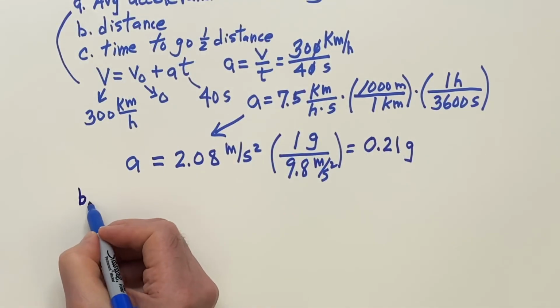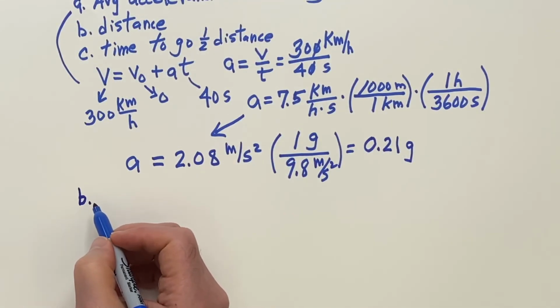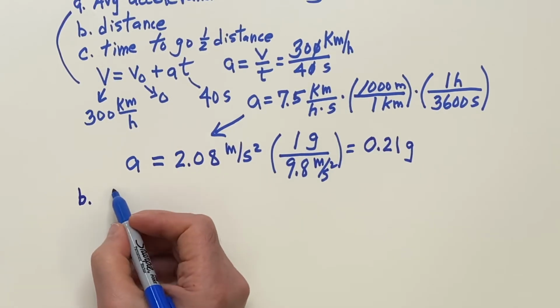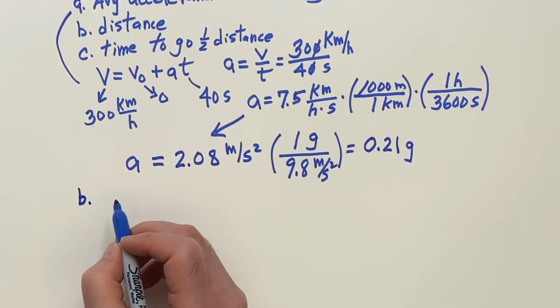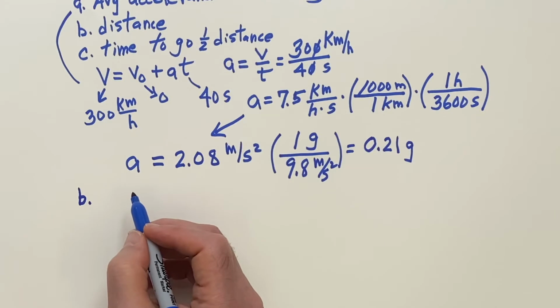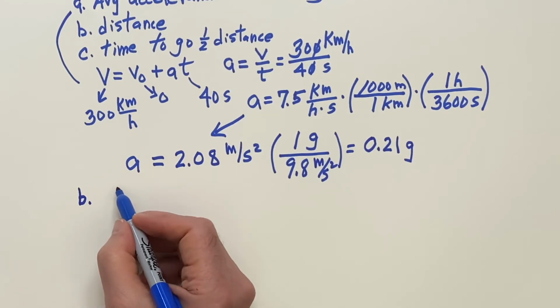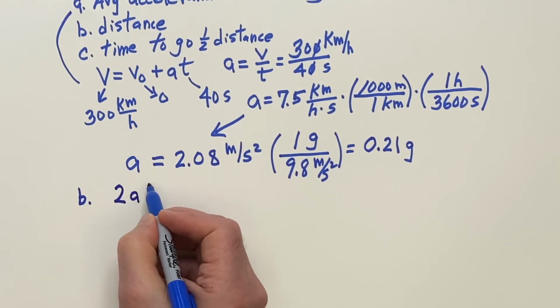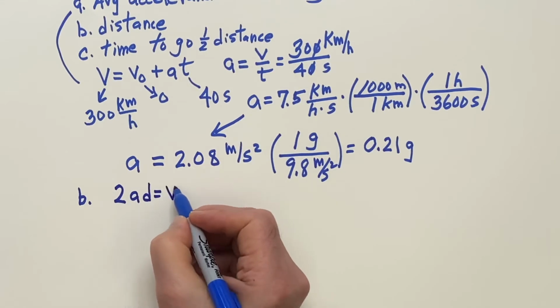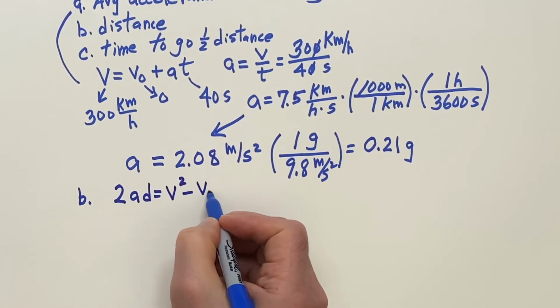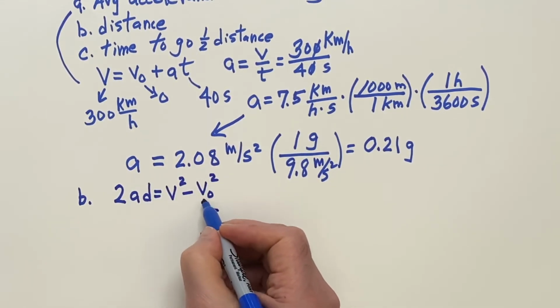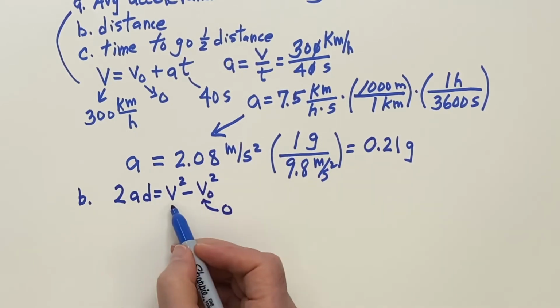So then b, we want the distance traveled, and what we do there is, since we know the initial and the final, and we know the acceleration, I like the 2ad formula, v squared minus v naught squared. So this one here is going to be 0.